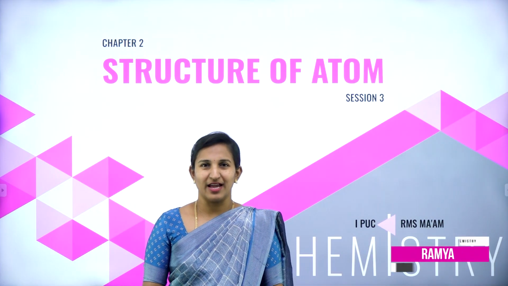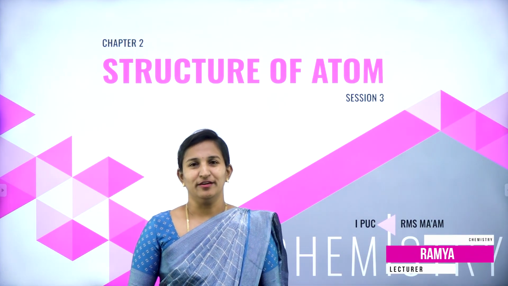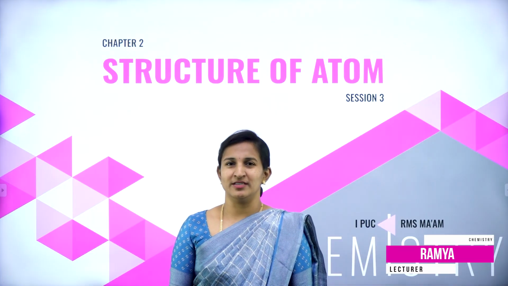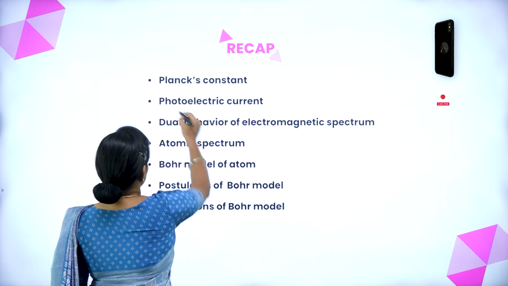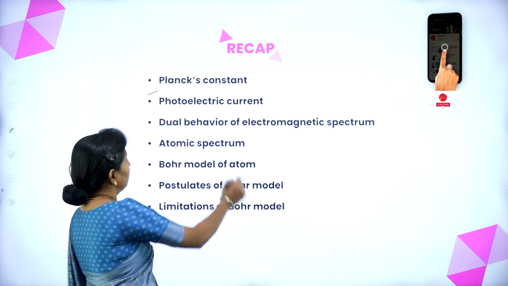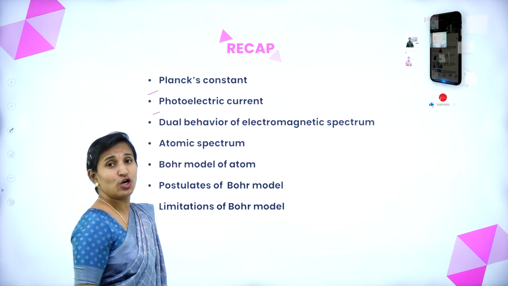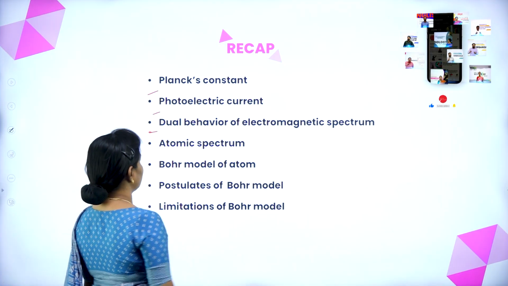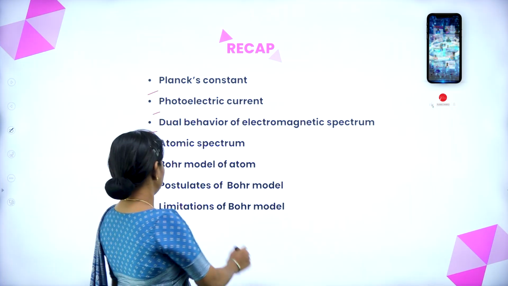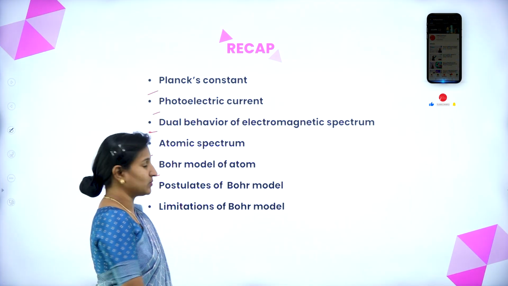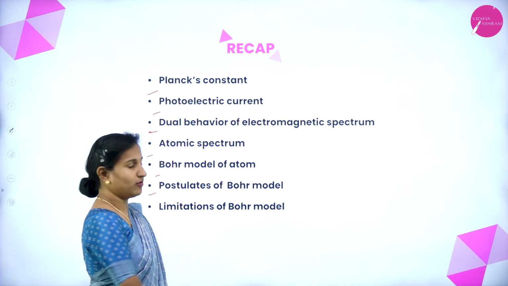Hello students, I am Ramya, lecturer in chemistry from Vidhyaashram, the Temple of Excellence, Mysuru. In the previous session, we discussed Planck's constant, photoelectric current, dual behavior of electromagnetic radiation, atomic spectrum, Bohr's model of an atom, postulates of Bohr's model, and limitations of Bohr's model.